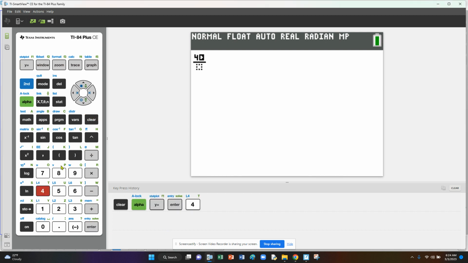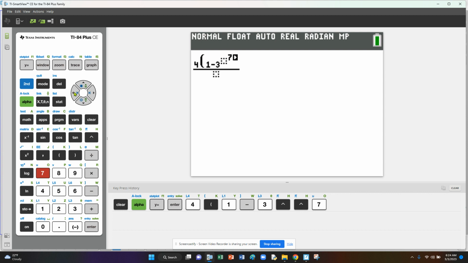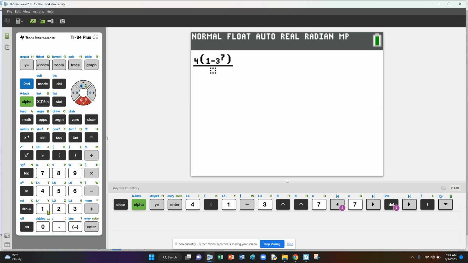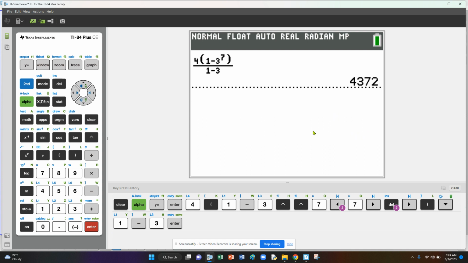And then I'm going to put my formula, 1 minus 3 to the 7th, and close off those parentheses. And then down here, I'll just put 1 minus 3. And then we should get our sum, which is 4,372. So there would be our result using that formula. You could also distribute out the a sub 1 and use that formula as well. But there's our result for answer 1.